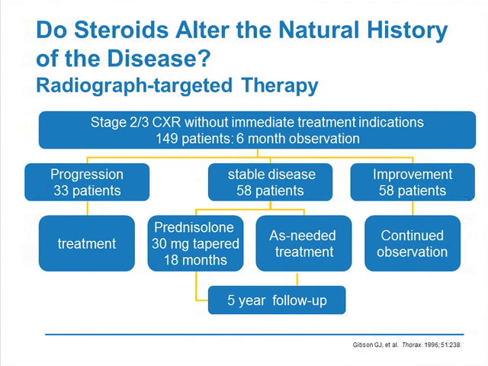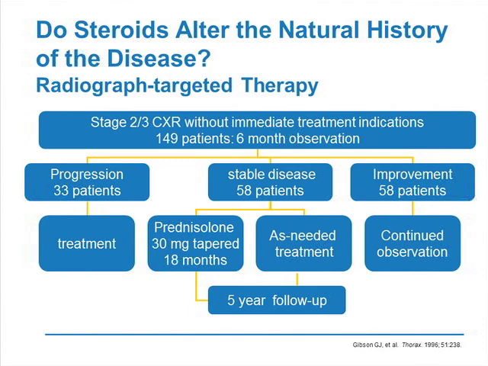And these were patients with stage 2 or 3 chest x-rays, hence with lower likelihood of spontaneous resolution. And these were observed immediately for 6 months in order to weed out the patients who definitively improved or definitively progressed early on. Those are not the patients in whom we typically struggle with treatment decisions.